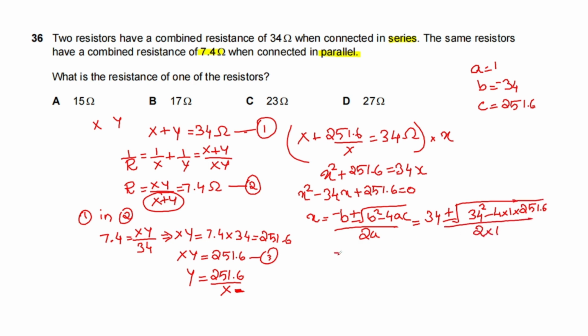If you do the calculation, the value of X would be 23 ohms. So here option C is the correct answer. You may find the Y value also. You just have to substitute in this formula, 251.6 divided by 23, and you will get 11 ohms. So for this question number 36, option C is the correct answer.